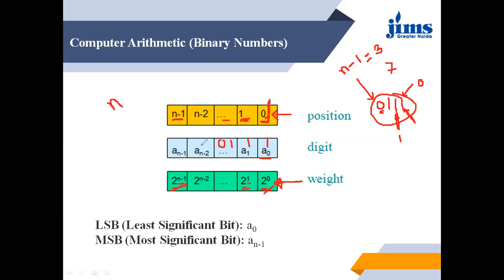This bit, that is A0, is called the LSB, the least significant bit, whereas A n minus 1 is called the MSB, that is the most significant bit.